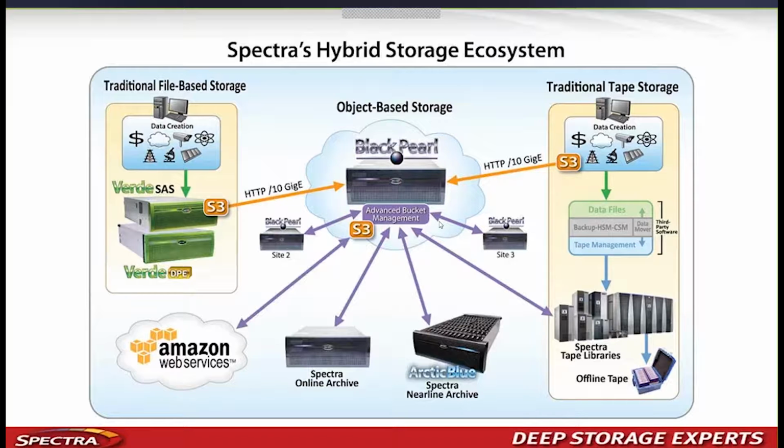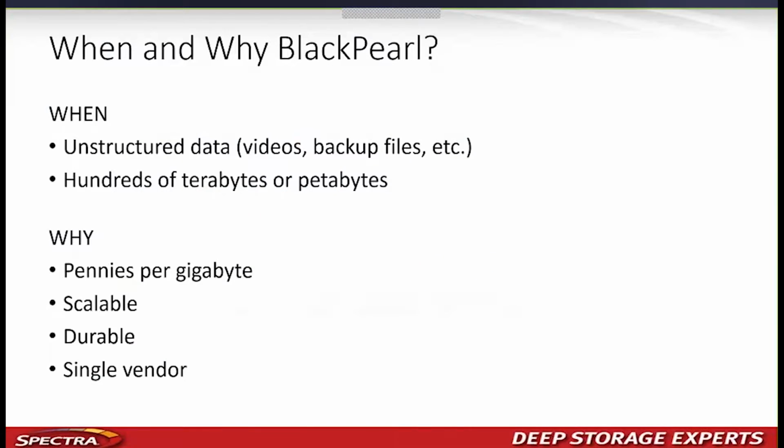The way that works is data can come in through the BlackPearl to, say, archive it, and there's a number of targets behind the BlackPearl that can have data moved to them. So we started with tape, but now we've also got disk, we've got other BlackPearls, and we've got public cloud, and we'll talk a little bit more about that. But this has really made it easier for our users to get to our deep storage and archive data.